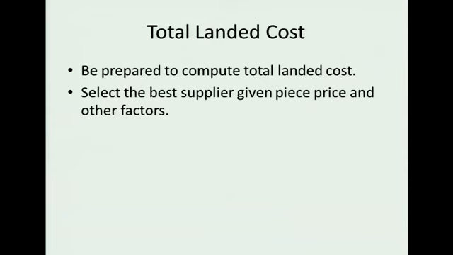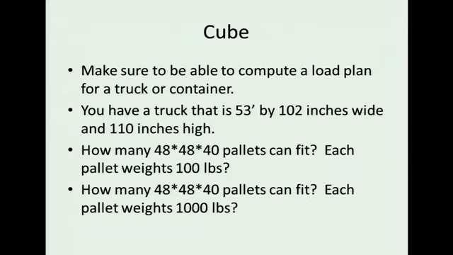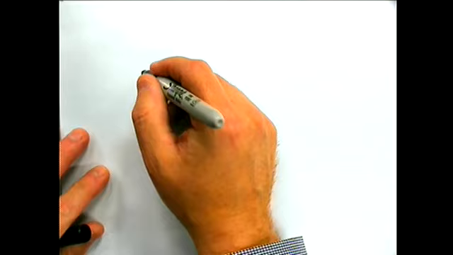Be prepared to compute total landed cost and transportation costs to select the best supplier, given piece price and other factors. And in order to do this, you've got to be able to compute cube, okay? And so we have a truck that is 53 feet long by 102 inches wide by 110 inches tall.